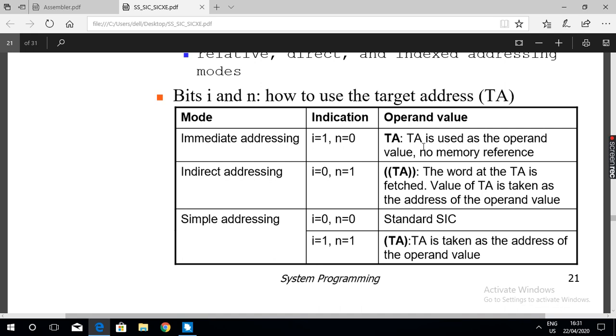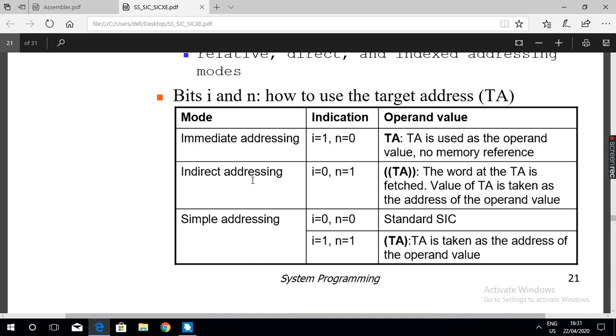The target address is used as the operand value. In immediate addressing, whatever operand value is specified in the instruction, that itself is the target address.